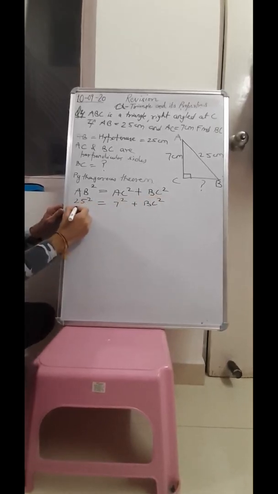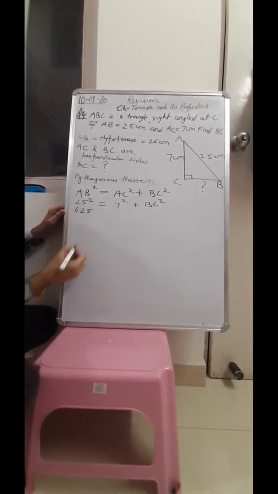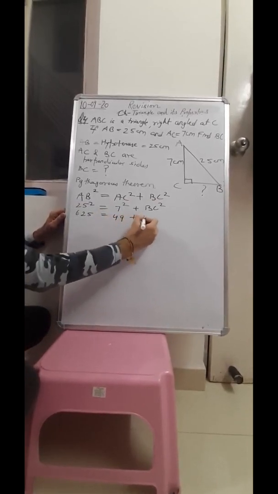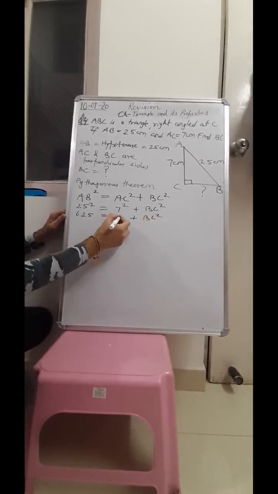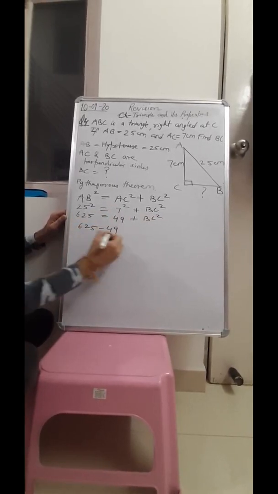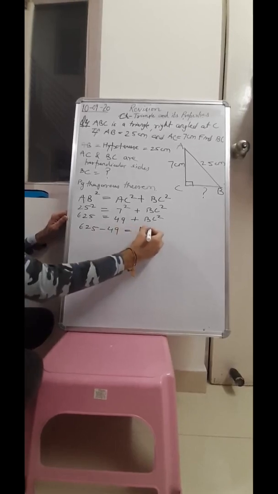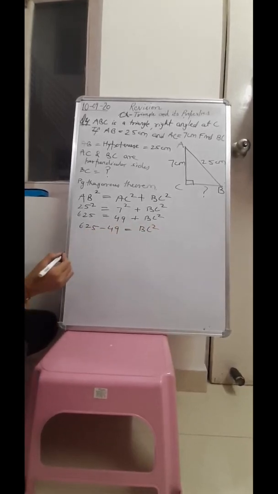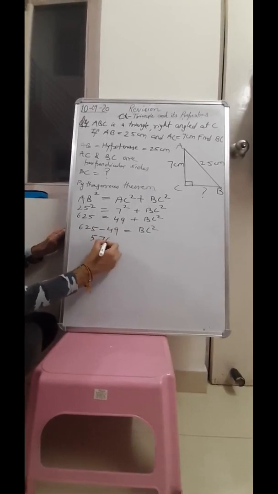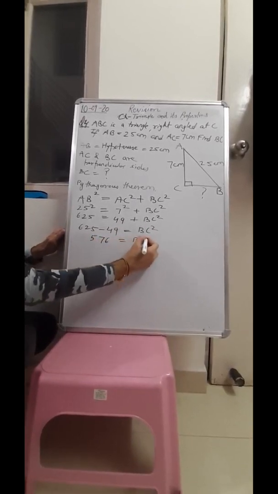So 25 square gives you 625 and 7 square gives you 49 plus BC square. So this 49 will go to the right-hand side and get subtracted from 625, which will be equal to BC square. So this gives you 576 equal to BC square.